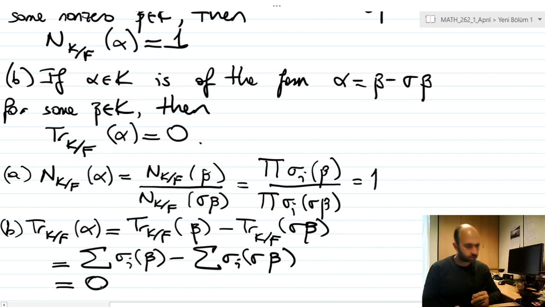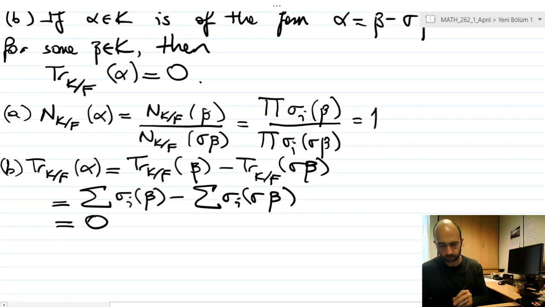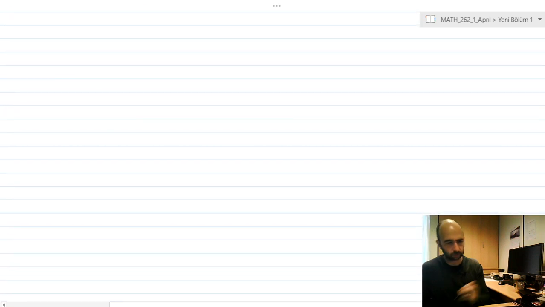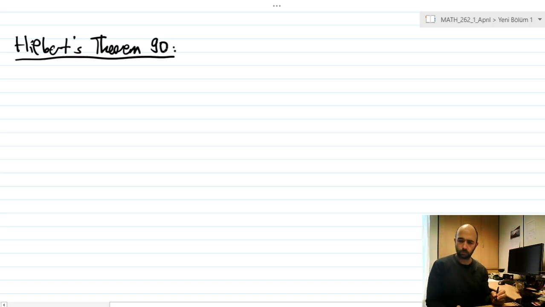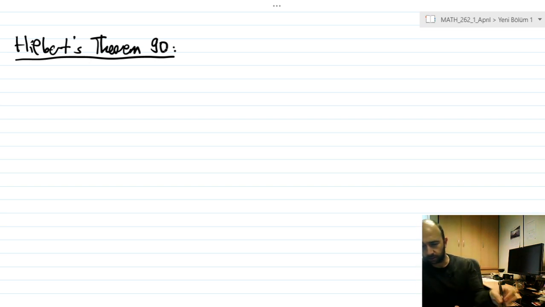Now this was fun and not too hard, but actually this was kind of a preparation for some very nice theorem. This is due to Hilbert, I suppose. Now this gives kind of a converse of the previous exercise in a specific case, if the extension has cyclic Galois group.